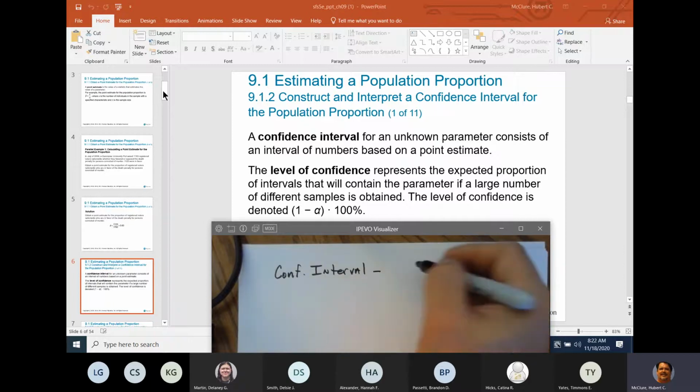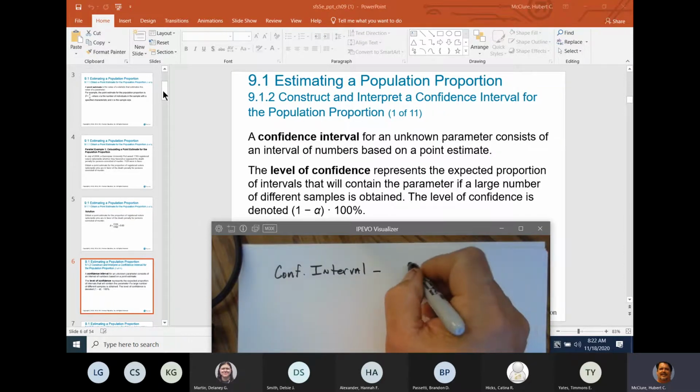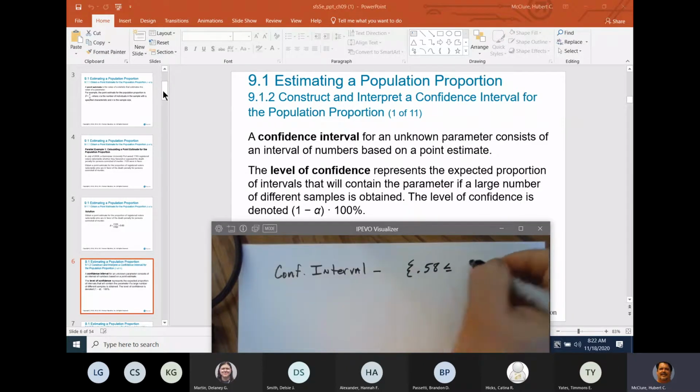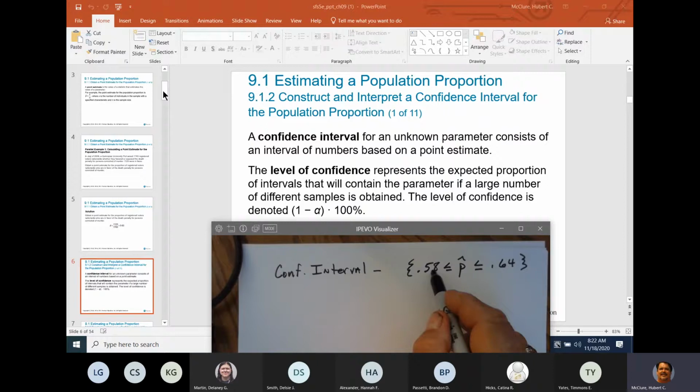It looks something like this, from 0.58 to p hat to 0.64. That's what it's going to look like. It's going to look like a window that says your lowest value is 0.58 and your upper value is 0.64. That's what a confidence interval looks like.